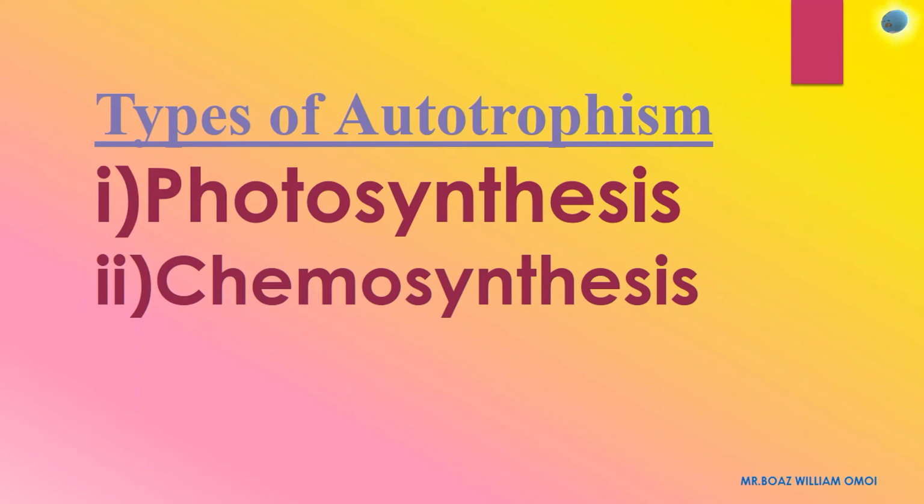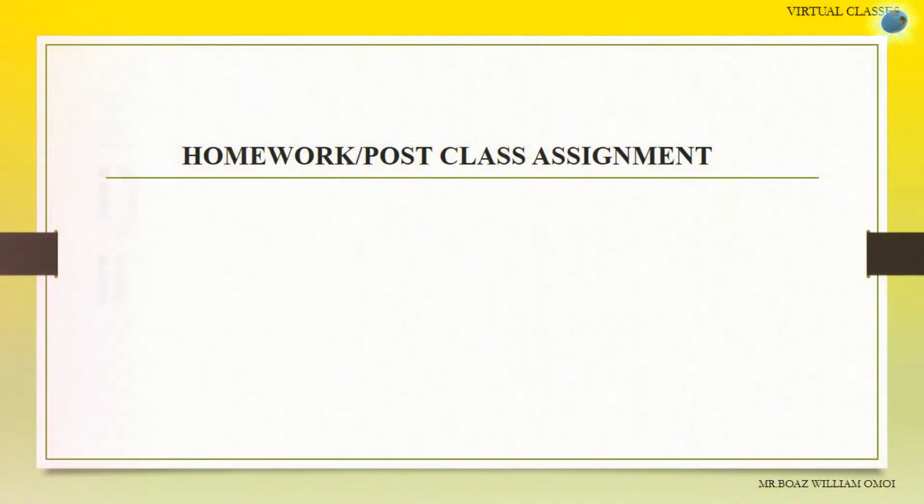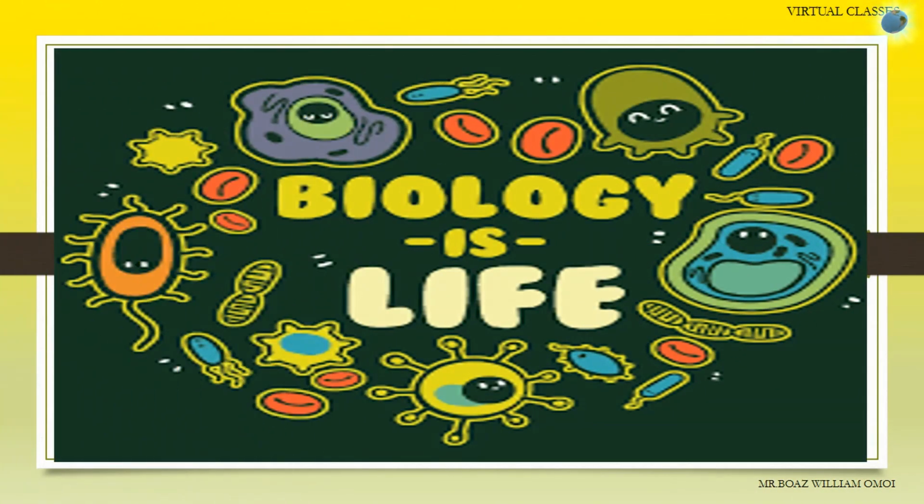Now, up to that point, I want us to move on, but I'm going to give you an assignment because I think we have covered a lot concerning the modes of nutrition and what nutrition is, and we have looked at types of autotrophism.